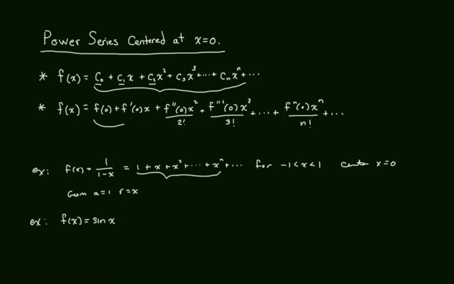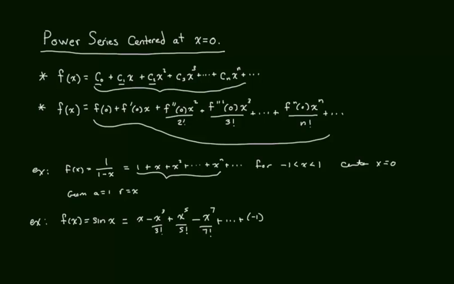In other words, we used this feature here, so we found f of 0, f prime of 0, etc. to construct a series for sine of x, and it turns out that becomes x minus x cubed over 3 factorial plus x to the 5th over 5 factorial minus x to the 7th over 7 factorial plus dot dot dot plus -1 to the n x to the 2n plus 1 over 2n plus 1 quantity factorial plus dot dot dot, and through the ratio test the interval of convergence was for all values of x, and the center of that was also x equals 0.